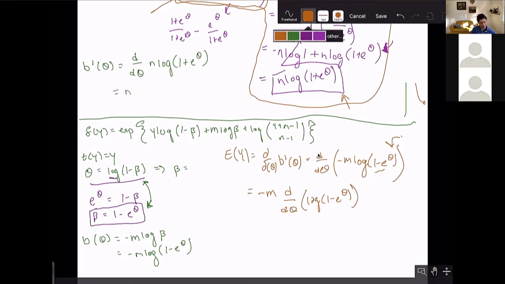So you keep the m, and then we do 1 over 1 plus e to the theta. Yep. And then times the derivative of my inner function, which I believe to be e to the theta. Yep. But it doesn't seem right. That's what I got. Oh, that looks great to me.